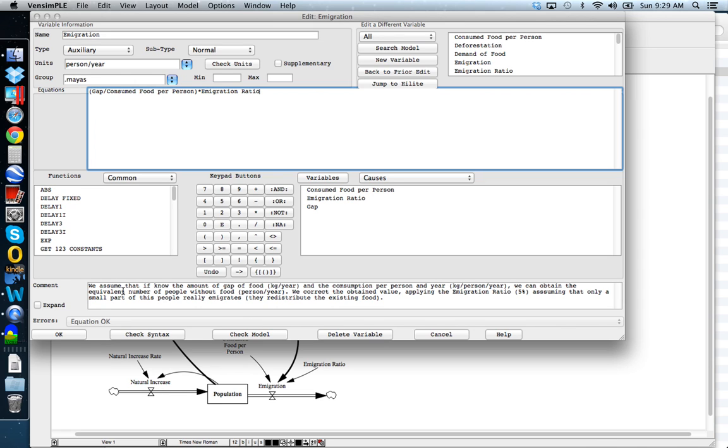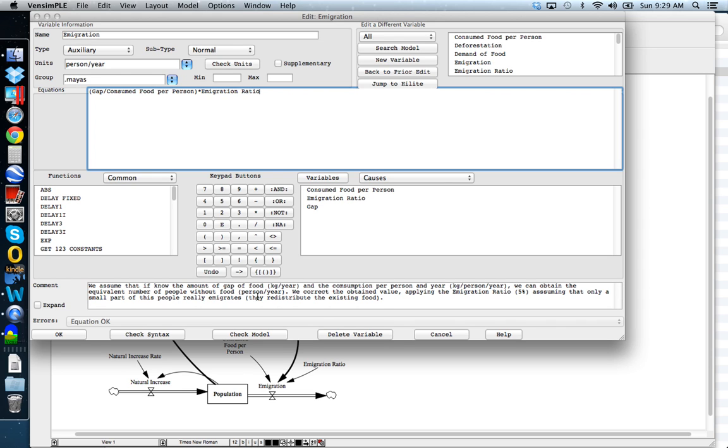had to do with the availability of food. Essentially, we're assuming that if we know the gap in food that existed in kilograms per year and the consumption per person, we can obtain the equivalent number of people that will be without food. Essentially we'll assume that a fraction of that, which we'll call the emigration ratio, will leave.